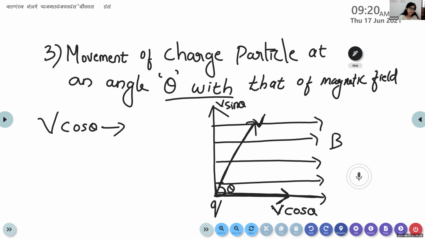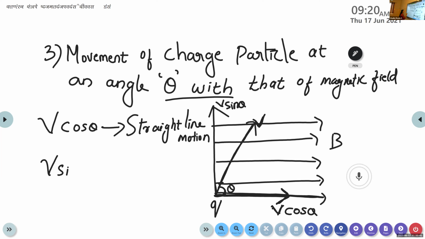Here the v cos theta is responsible for straight line motion. And v sin theta is responsible for which type of motion? This is the perpendicular component. If a charged particle enters perpendicular to a magnetic field, it should follow a circular path. So it should follow circular motion. Very good.